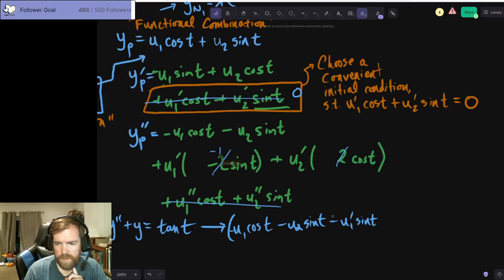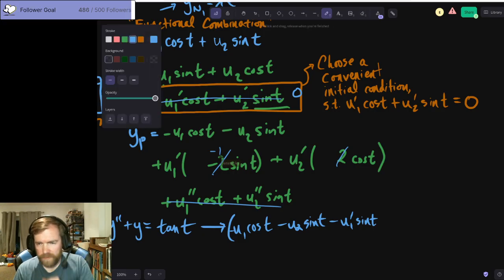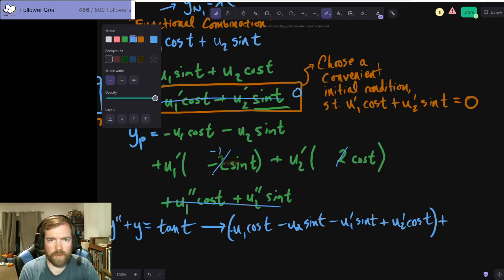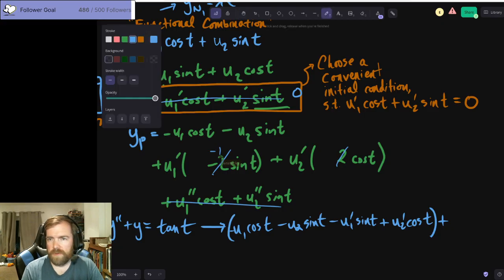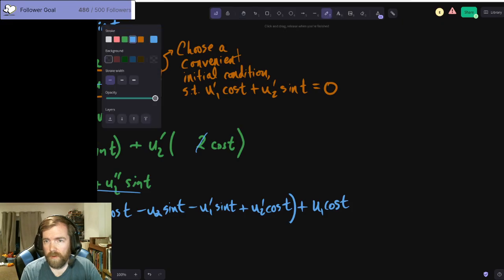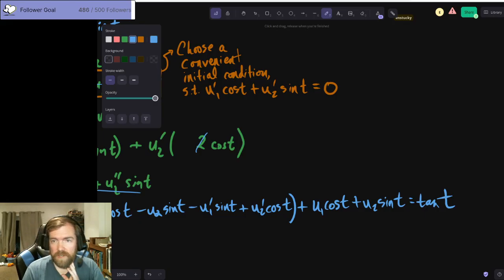Did you say that was a minus here, the u1 prime? u1 prime, yeah, minus sine t. Okay, and plus u2 prime cosine t, plus the original y, which again, y1, nope, u1 cosine plus u2 sine, equal to tangent of t.